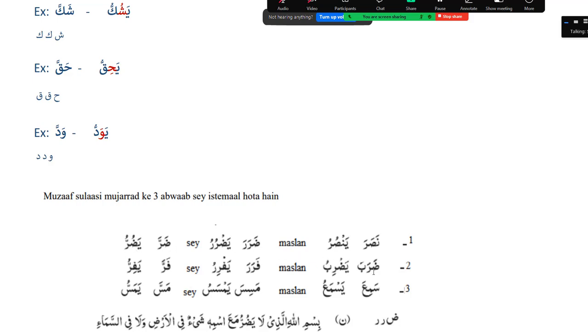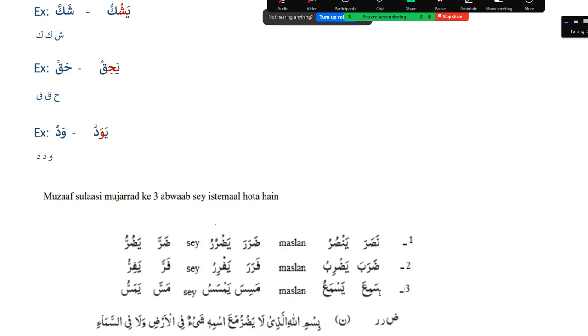And if it belongs to bab daraba yadribu, like for example, farara yafriru, right? So it becomes farra yafirru. So you might think, why does this have a dhamma, like darra yadurru, and why is it farra yafirru? Because this belongs to bab daraba yadribu. It should have been farara yafriru. Instead, it becomes farra yafirru.